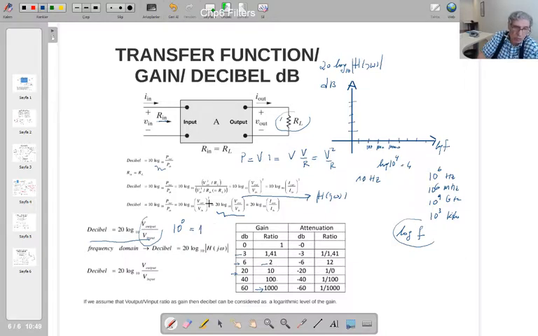If the ratio is less than 1, that is attenuation, then the level becomes 0, -3, -6, -20, -40, -60. You've got to remember 1000 represents 60 decibel level. As I said, this is a unitless term. That's the end of this video.